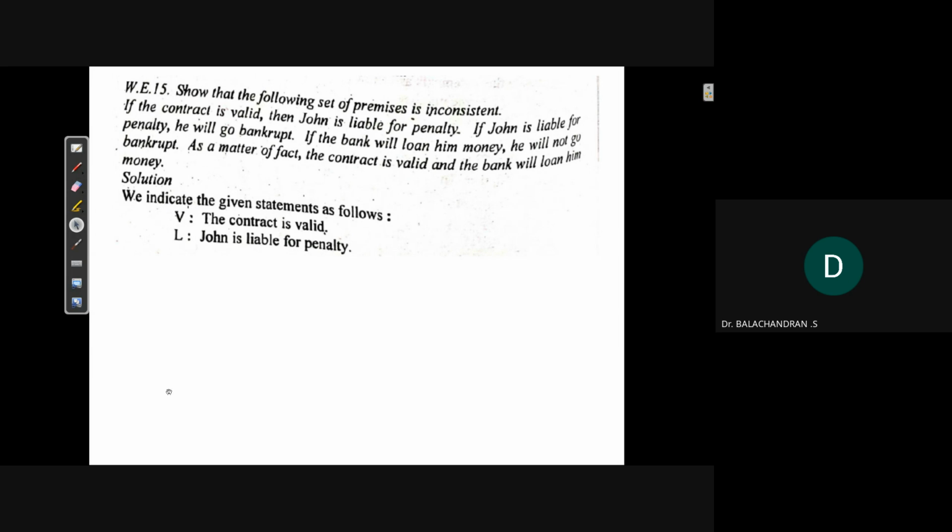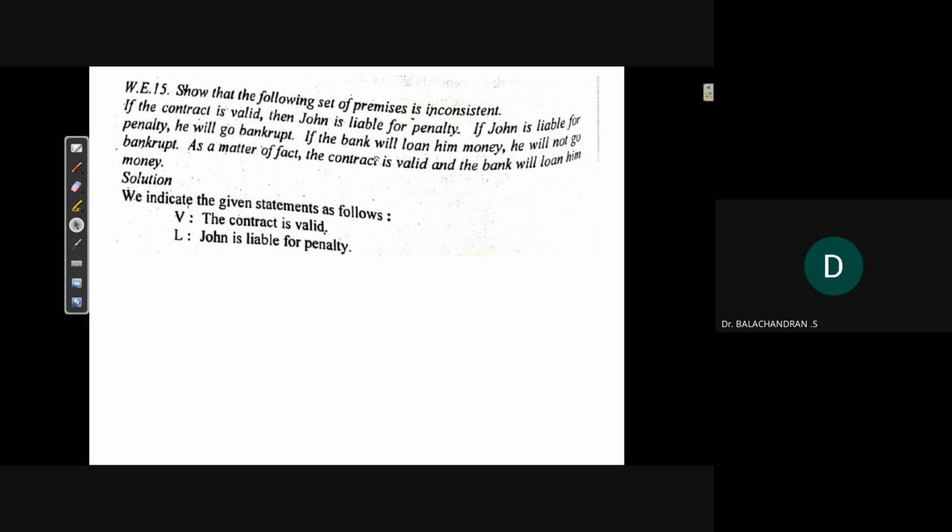Okay. Show that the following set of premises is inconsistent. If the contract is valid, then John is liable for penalty. It's the first premise. If John is liable for penalty, he will go bankrupt. If the bank will loan him money, he will not go bankrupt.